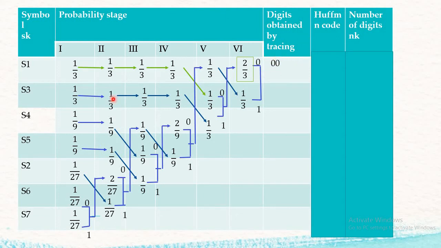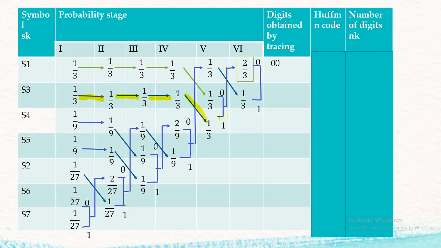Similarly, we repeat the steps for the next position. I will just draw the path for you. Here we start from S3. It will move to the first path, then the second path, then the third path, and then from here it will move in the downward direction.